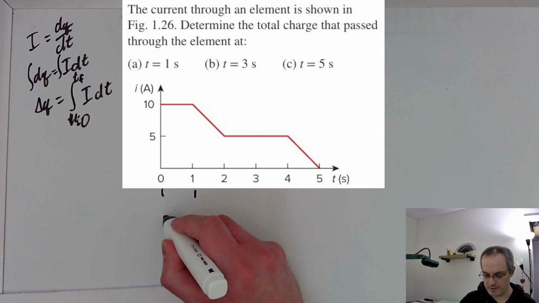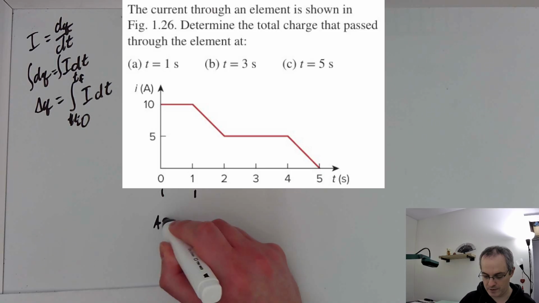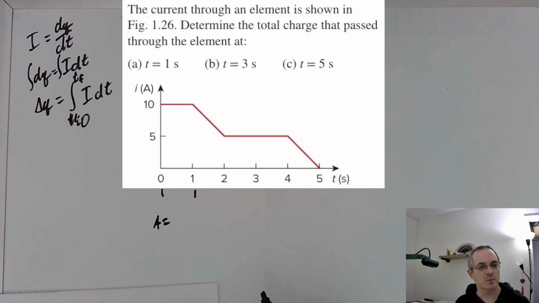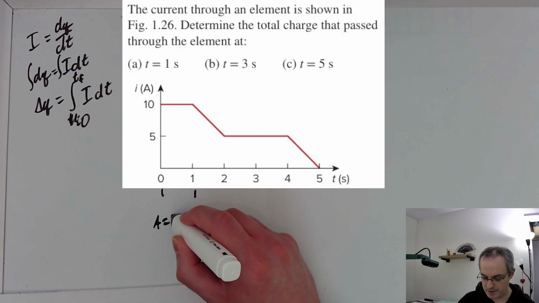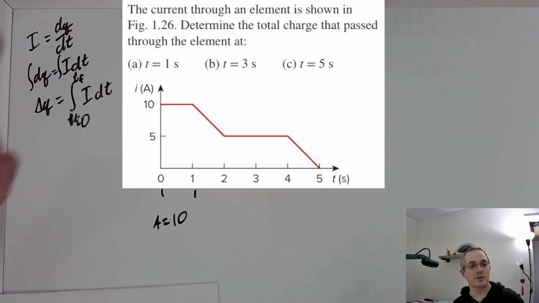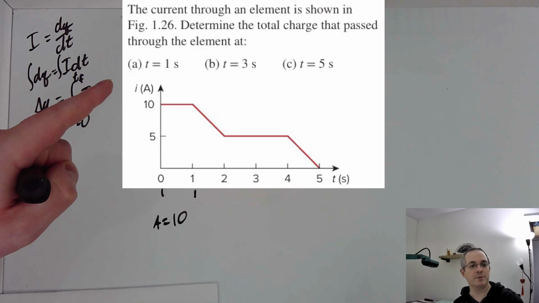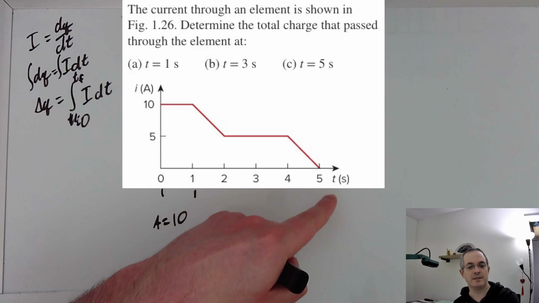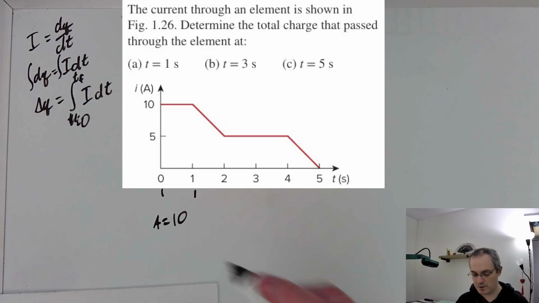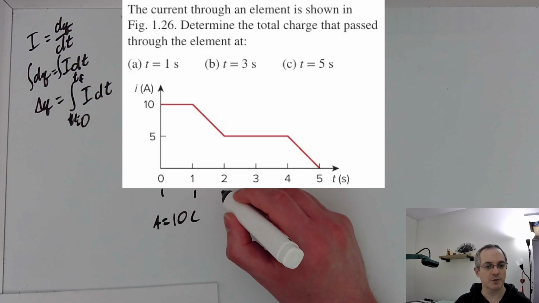And the area there, we'll use A for area, don't get it confused with amps, is 1 times 10, and that is 10. And the units, we've got amps for the current and seconds for the time, so nice and easy for us, coulombs. So that's also then the answer.